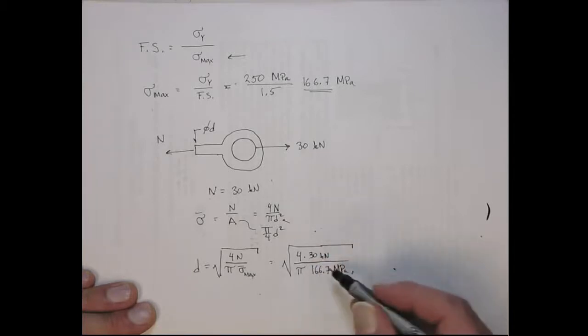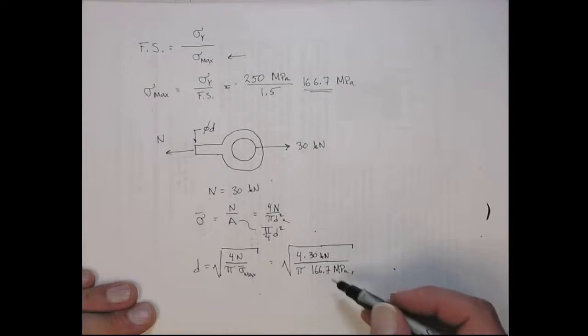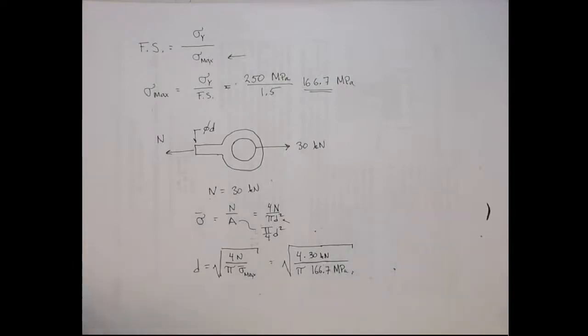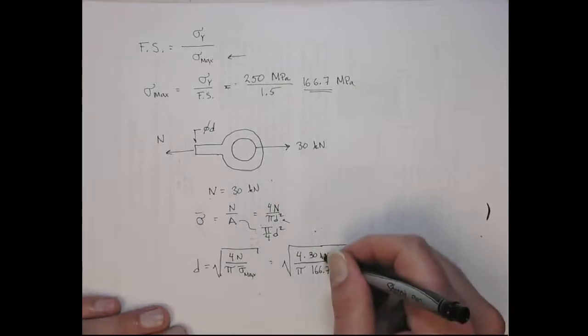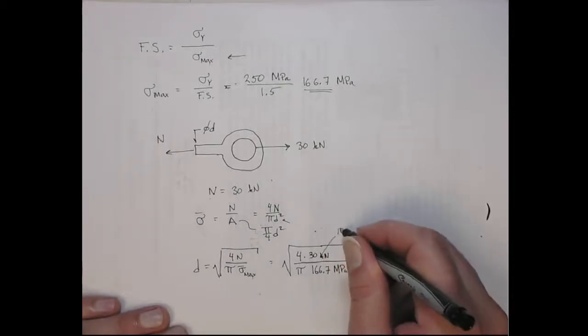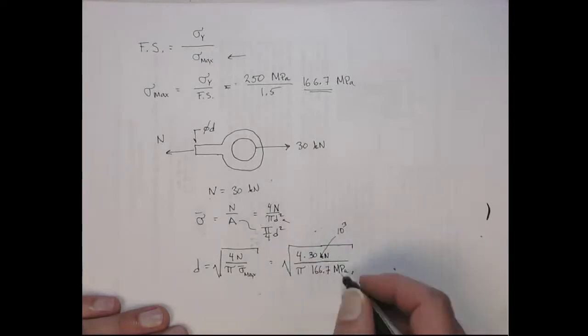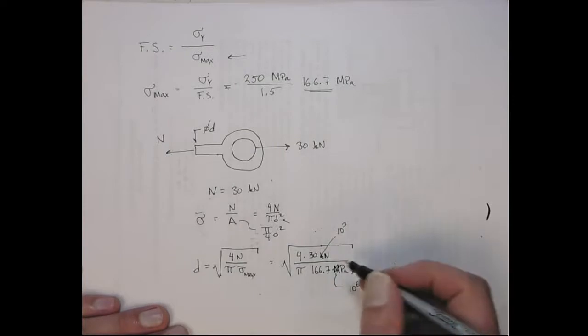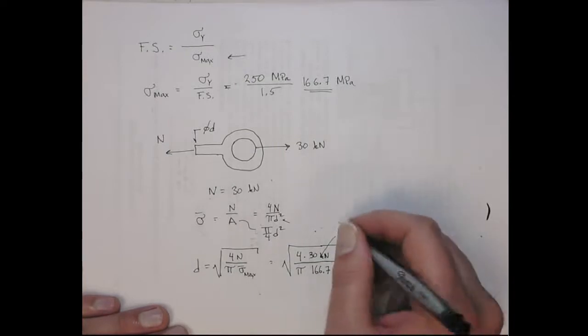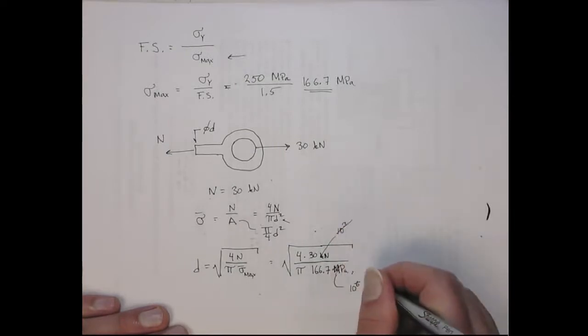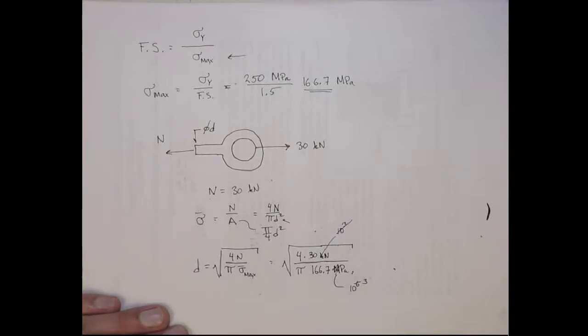We have to be careful of our dimensionality of the units. The easy way to do this is, instead of the k, let's put in 10 to the third. So now this is newtons. And for the mega, we can put in 10 to the sixth. Now this cancels with this, making that a 10 to the minus third.